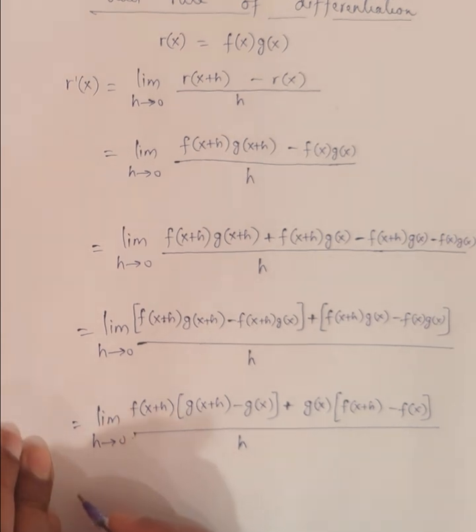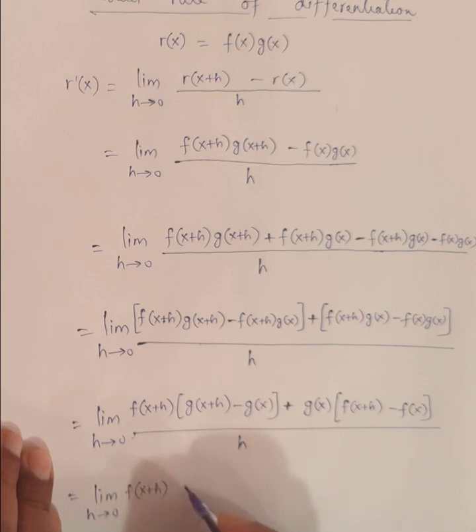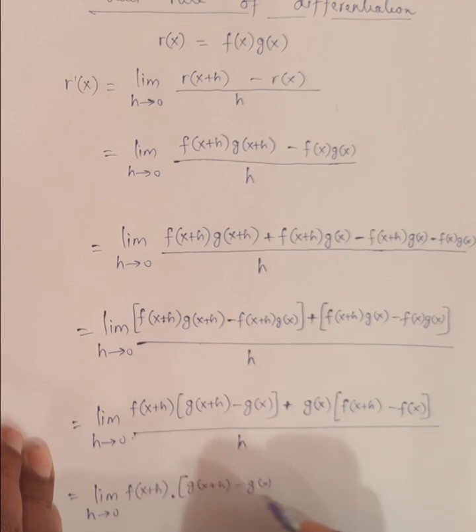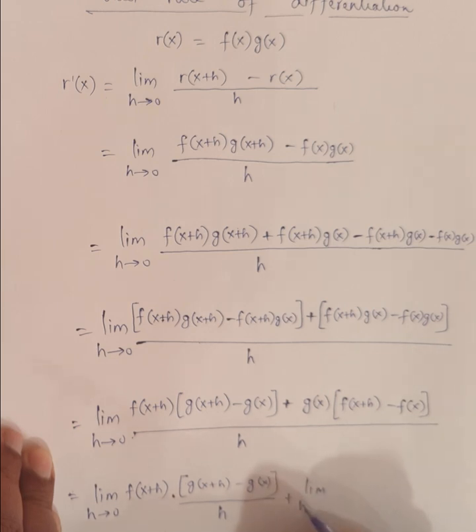So now I can rewrite this as limit h approaches 0 of f of x plus h. I can separate this into two fractions, times g of x plus h minus g of x divided by h, plus, so limit of a sum is sum of limits.